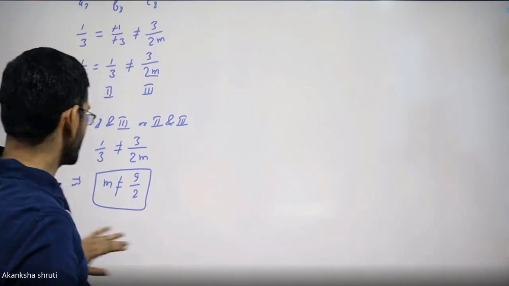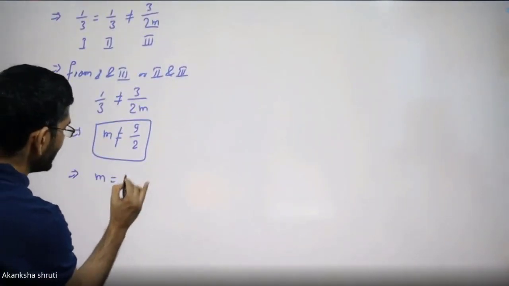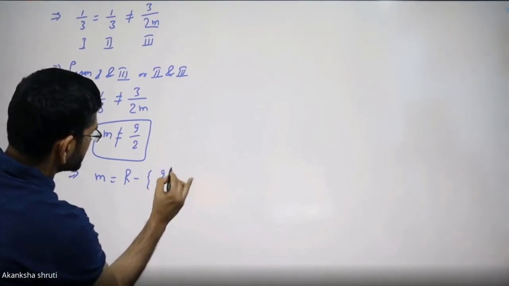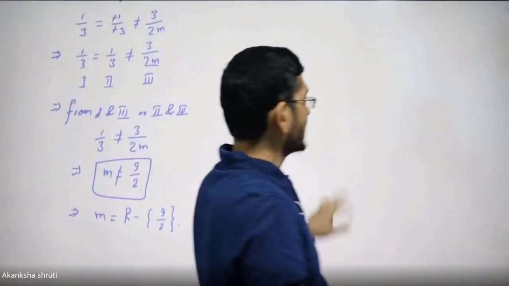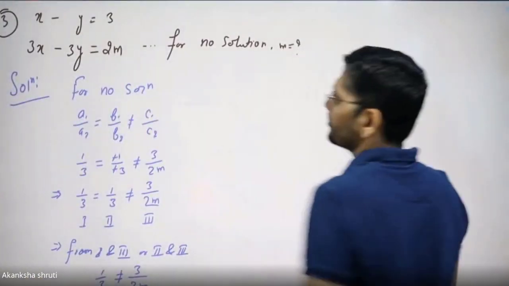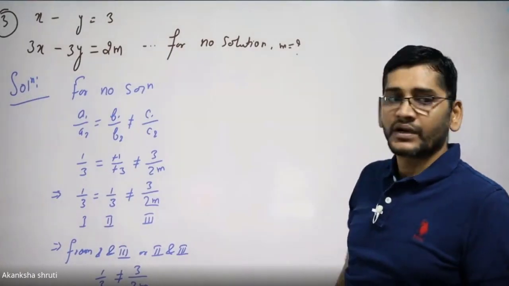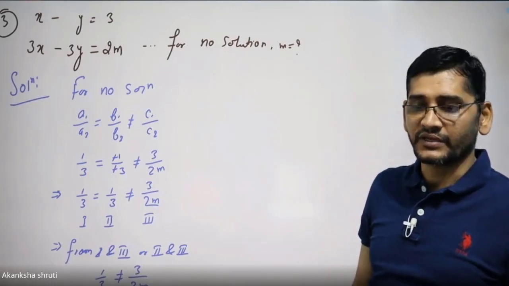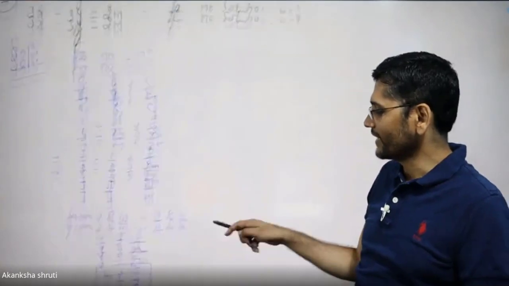It simply means that m can be any real number excluding 9 by 2. That's that much. So this is how to calculate the unknown from the given condition, whether the solution is unique, no solution or infinitely many solutions.